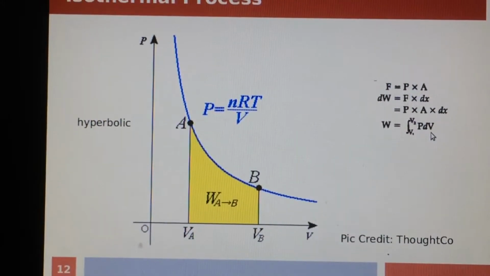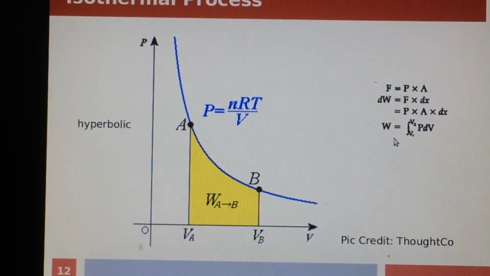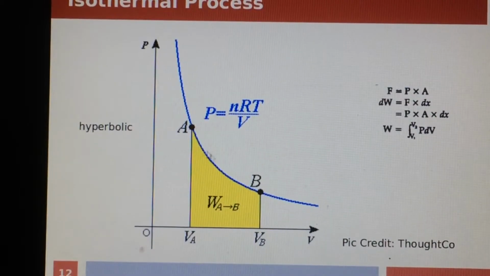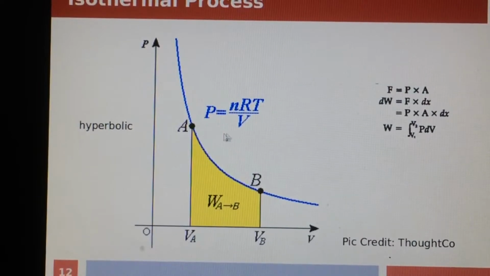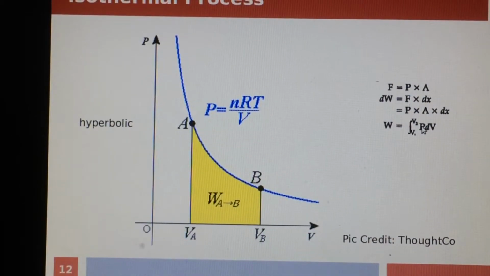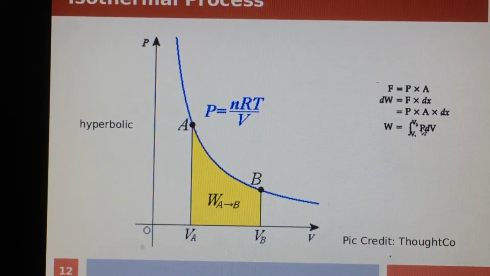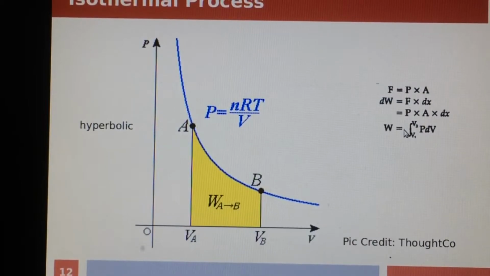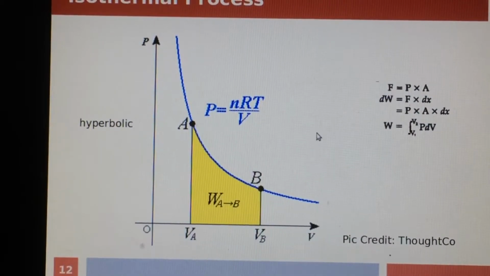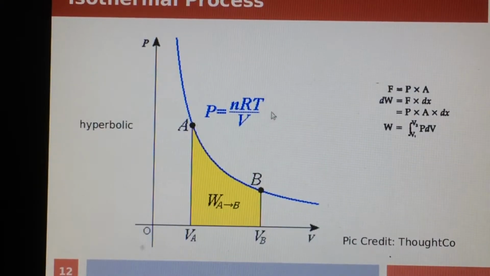Now, we can't take this P outside the integral, because here P is not constant. As we can see from this plot, P is decreasing. But we can substitute the value of P by virtue of the ideal gas equation.